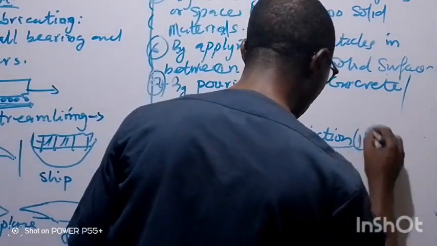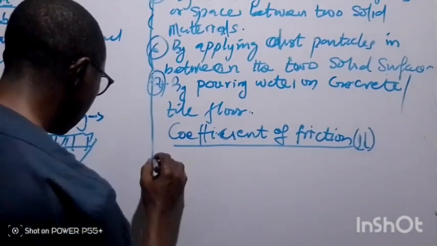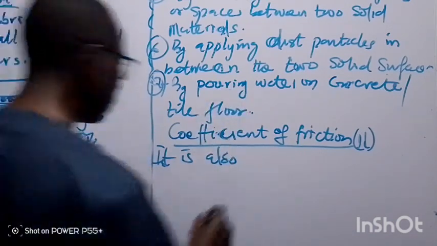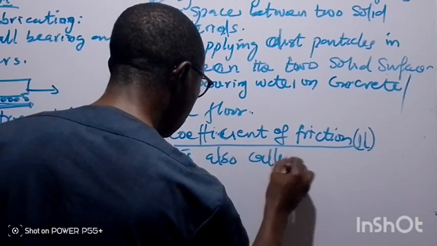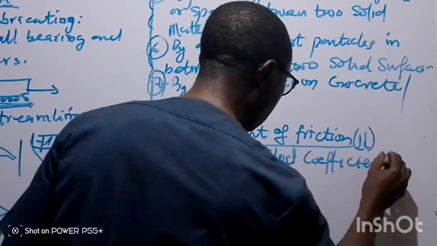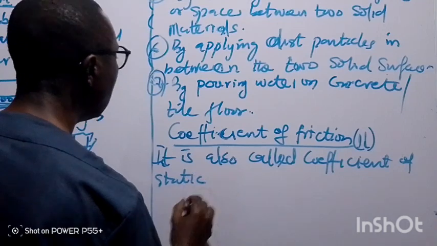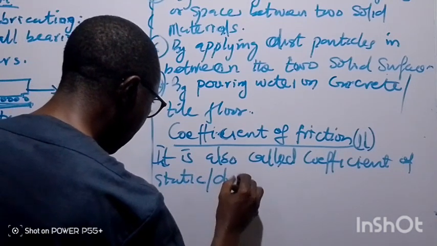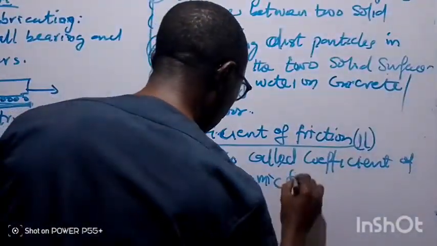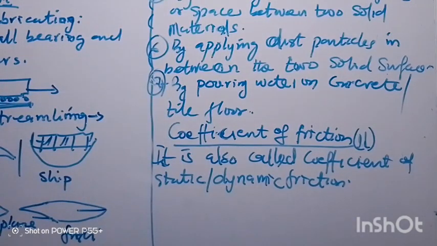Mu is also called coefficient of static or dynamic friction. It is also called coefficient of static or dynamic friction.